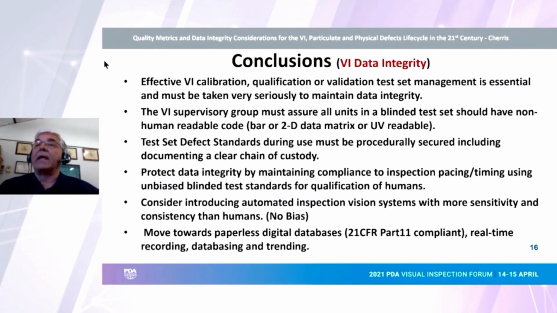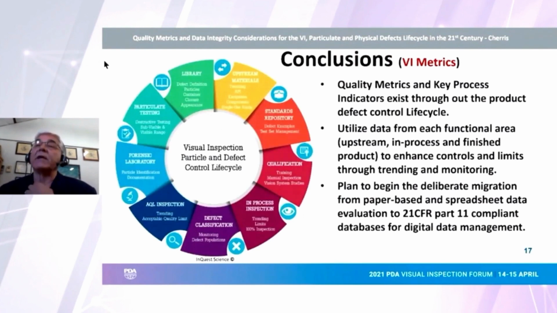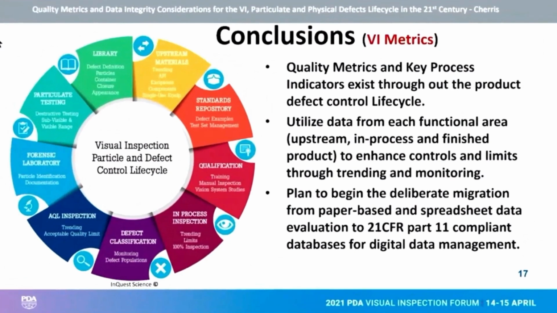And our conclusions for the metrics approaches would be to utilize this concept of this infographic, this life cycle infographic. The quality metrics and key process indicators exist throughout that product defect control life cycle. Utilize the data from each functional area upstream in process, finished product, to enhance the controls and limits through the trending and monitoring process.